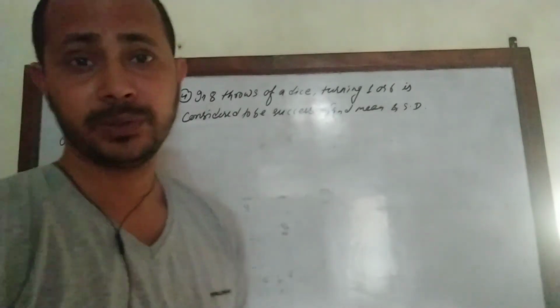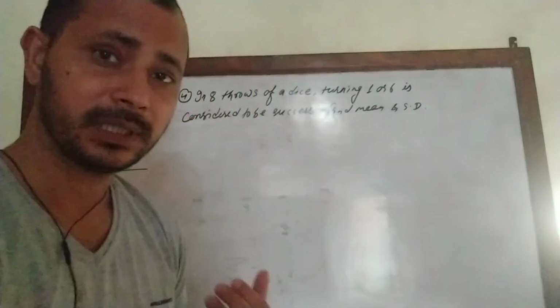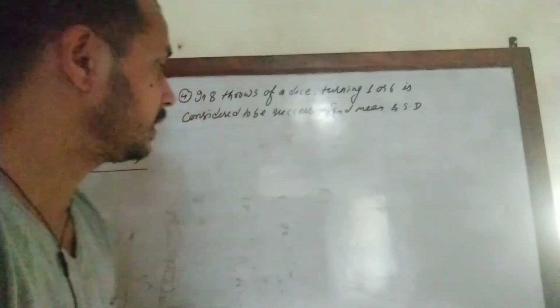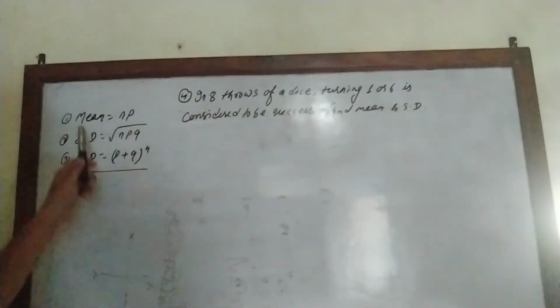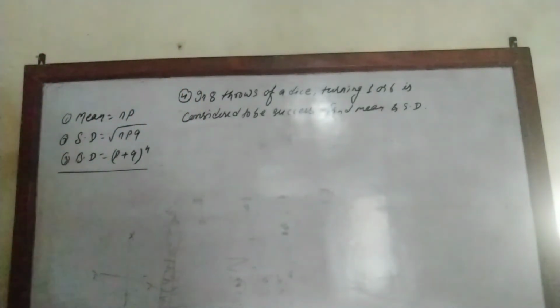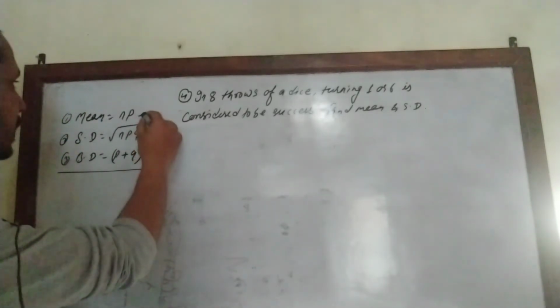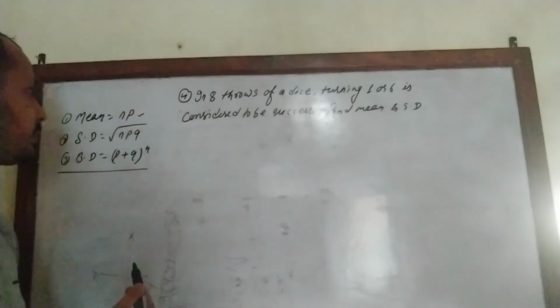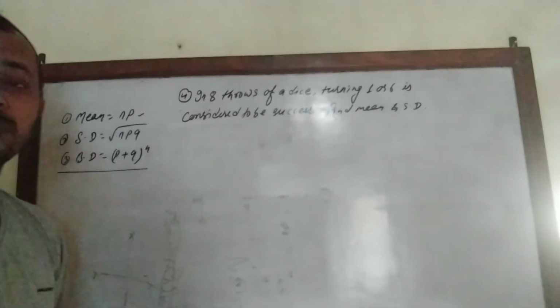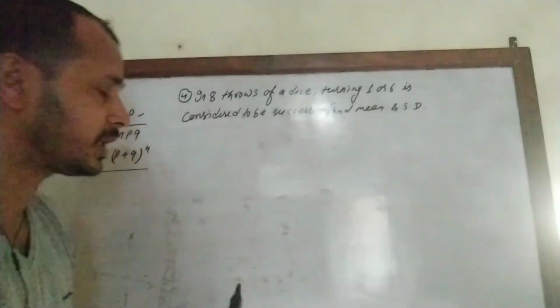Okay, now another problem related to binomial distribution. We come across mean and standard deviation of the binomial distribution. If we are asked to calculate the mean, we can use the formula n into p, where n is the number of trials and p is the probability of a successful outcome in each trial.